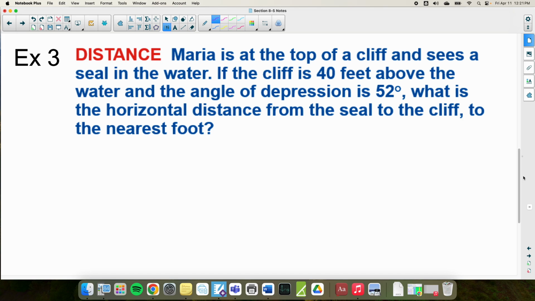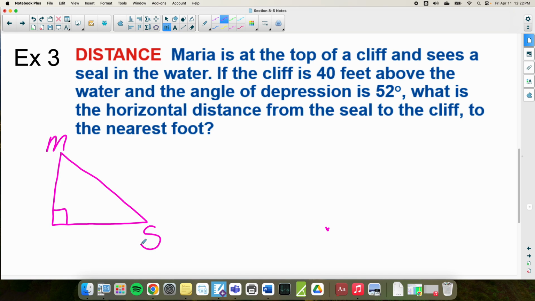Now let's look at this one. It says, Maria is at the top of a cliff and sees a seal in the water. So here's what we have. This is a cliff. Maria's on the top of the cliff and she sees a seal out here in the water, okay?